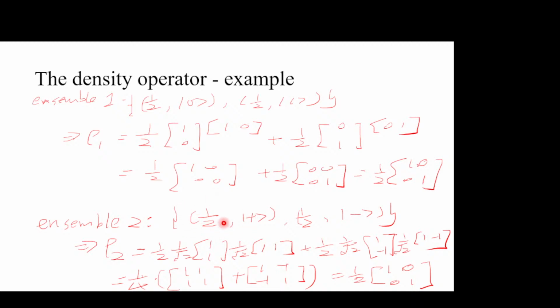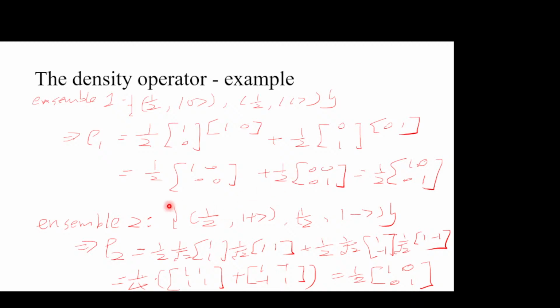Similarly, one half probability being the plus state and one half probability being the minus state also gives the density matrix 1/2 times the identity. So even though those two ensembles look very different, they are actually the same and you cannot distinguish between them, which we will see today. Any questions so far?